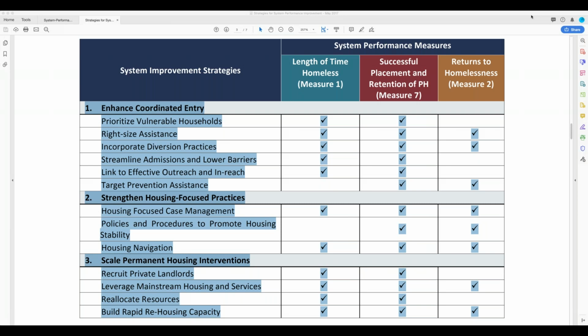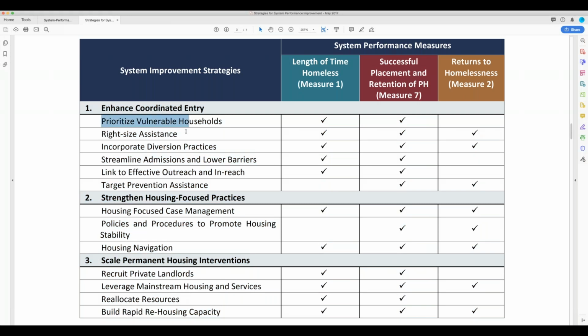The bigger ticket items, like actually developing enough affordable housing in the community, that is a big, big lift. Okay, and I'm not saying we take our eyes off of that prize, but there are also some maybe smaller interventions that we can use to make sure that we're prioritizing and right-sizing the assistance that we're giving based on the resources we do have, or those that are well within reach to acquire. And then test whether or not moving forward it's a good idea to use them.